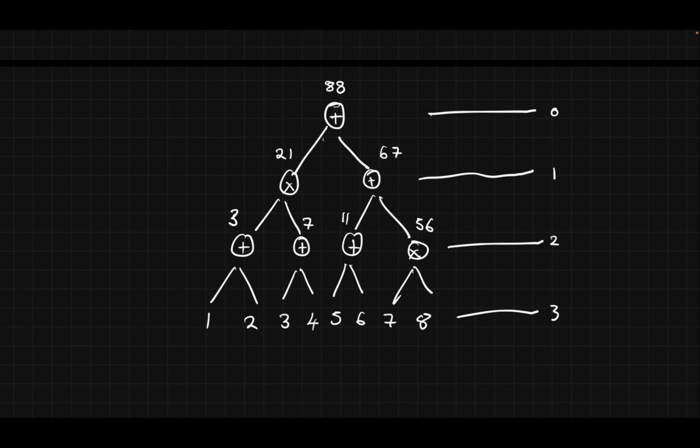Okay, so you need to generate W0, which is basically just a multilinear polynomial that has just 88 inside, right? So if you evaluate this polynomial at 0, you're going to get 88. So let's write the bits. This is 0, this is 0, 1.